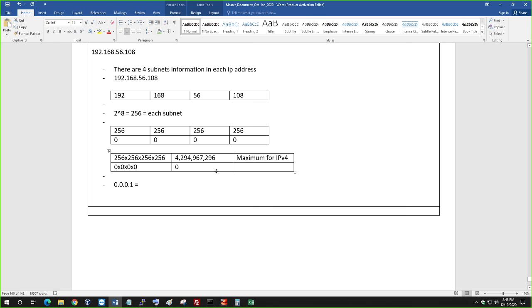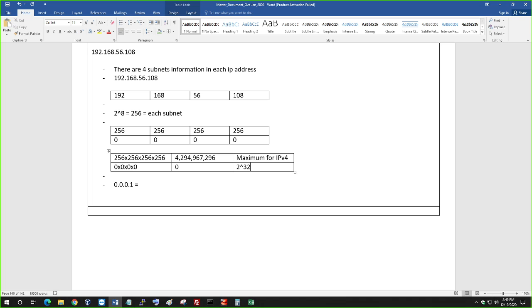So IPv4 is a maximum, and 2 to the power of 32 is the ceiling here. When networking was invented in 1969, that's the number. Nobody thought it would be all exhausted within 40 years. It did.